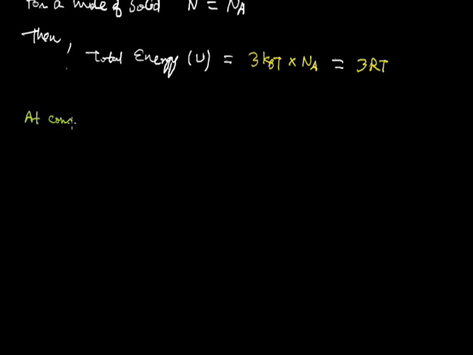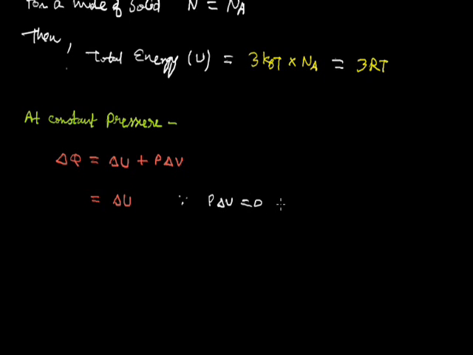Now at constant pressure, for the solid, delta Q is equal to delta U plus P delta V, but the change in the volume of the solid by supplying some energy to it will be negligible. In that case, it can be considered as delta Q equals delta U, because the term P delta V is 0 for solid.